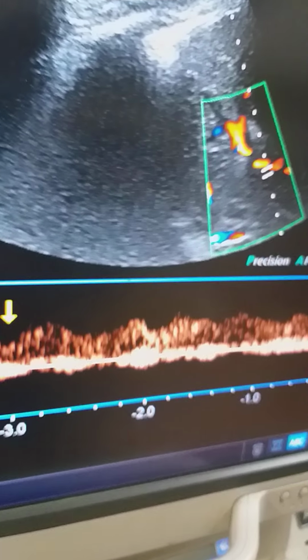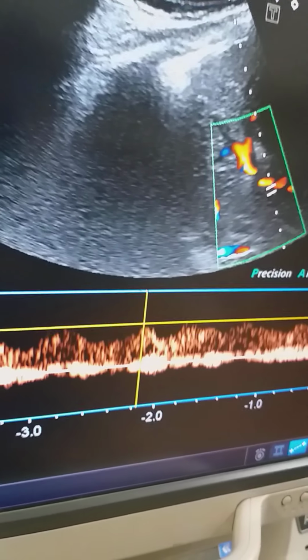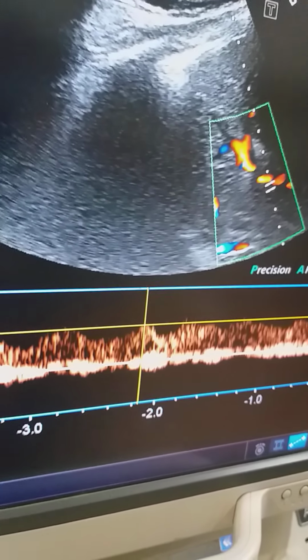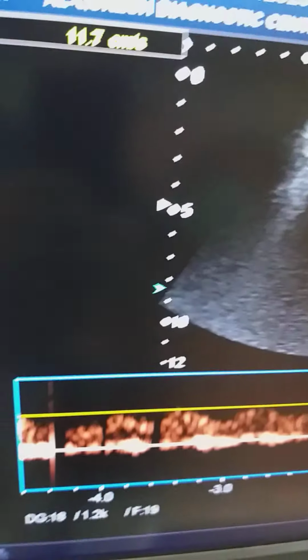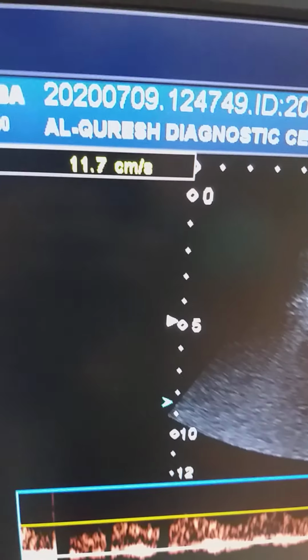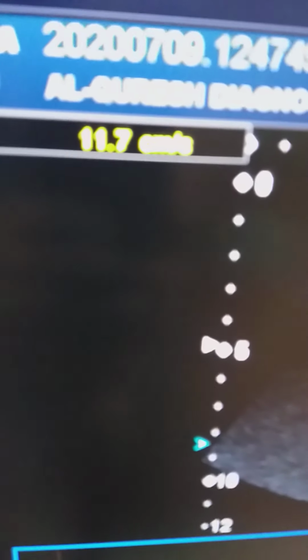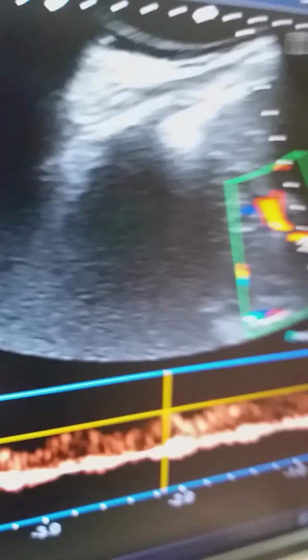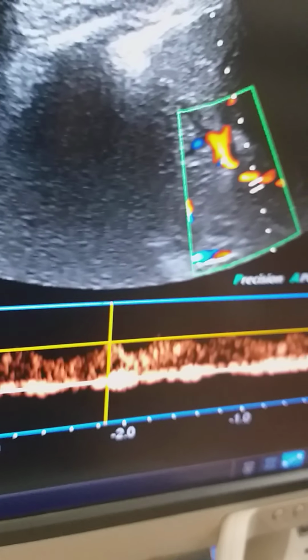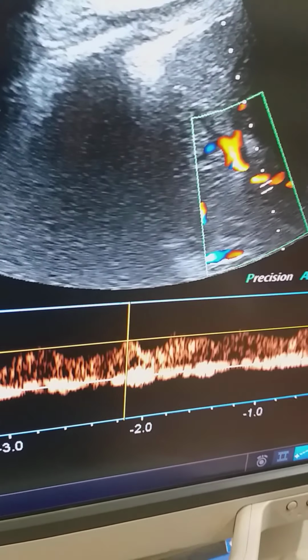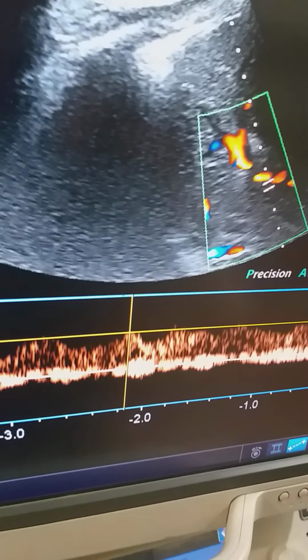And if we measure the velocity, the maximum velocity is 11.7 centimeters per second. So this is the decreased forward flow of the portal vein towards the liver.